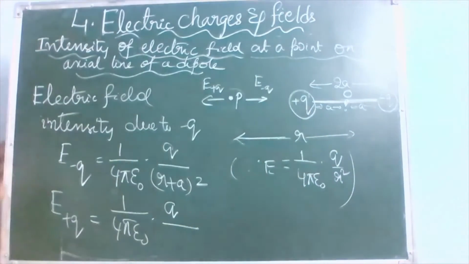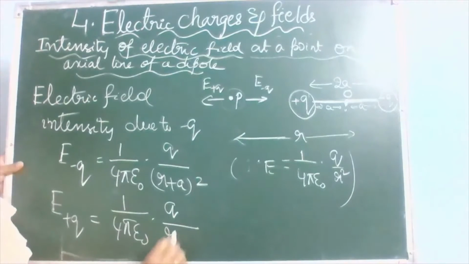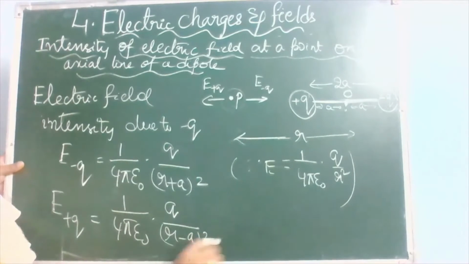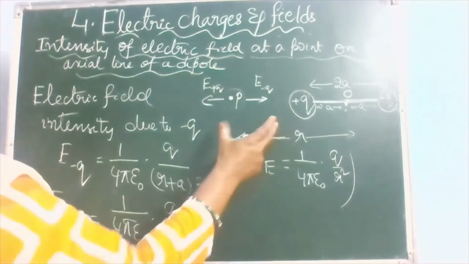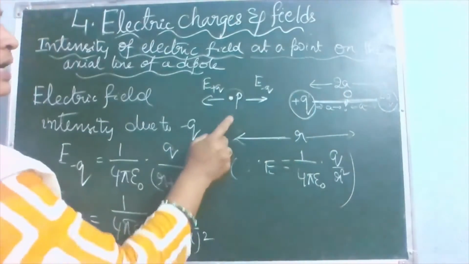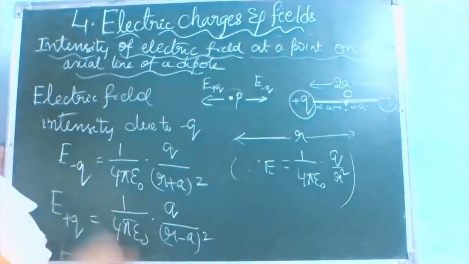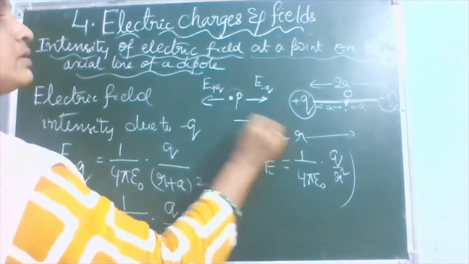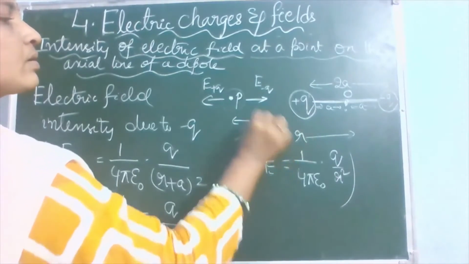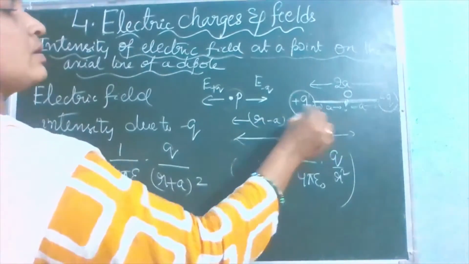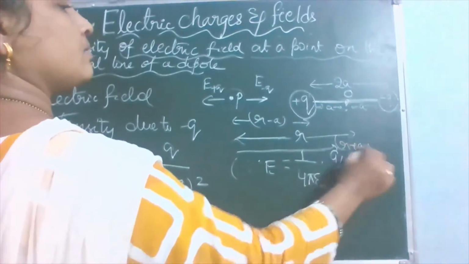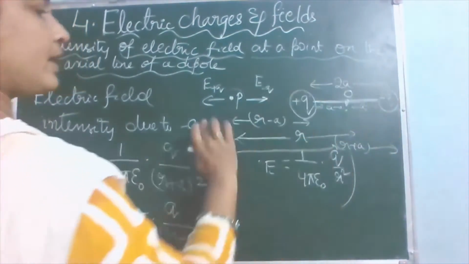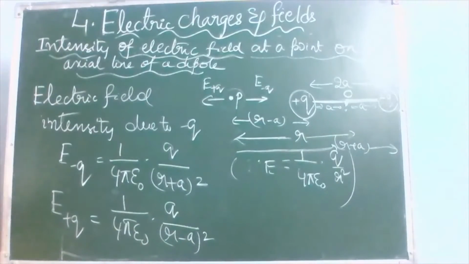So r minus a whole square. From here to here is r plus a, from here to here is r minus a. So we have to take the electric field intensities like this.